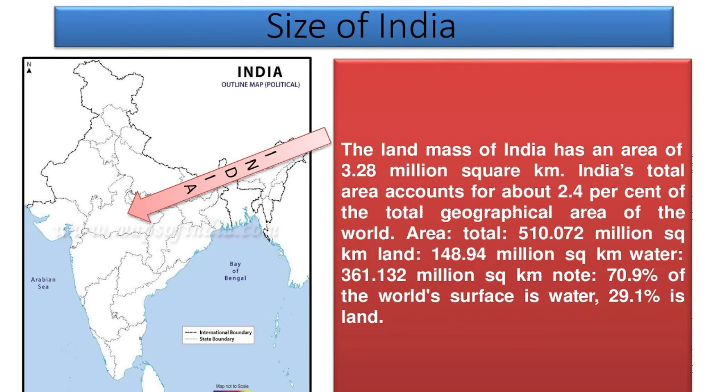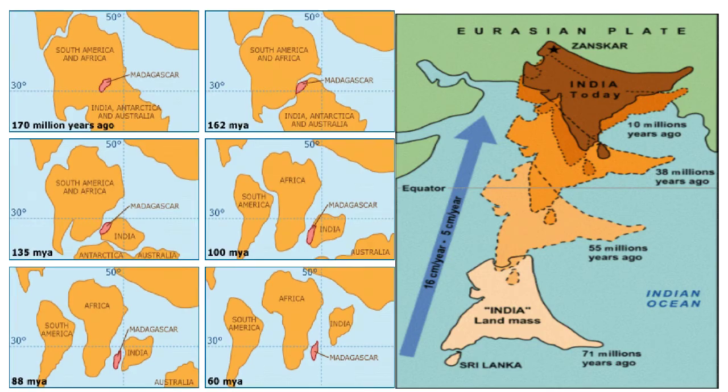India is bounded by the Fold Mountains in the northwest. The Fold Mountains are called young because they were formed about 50 million years ago when the Indian plate collided with the Eurasian plate.